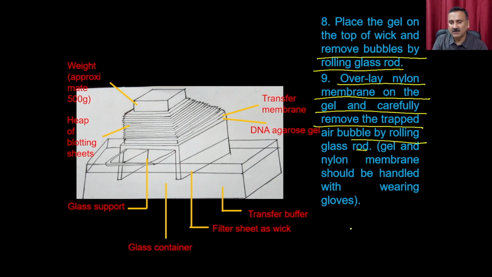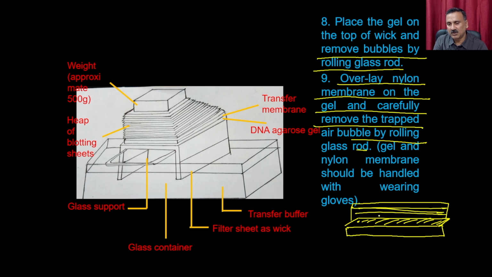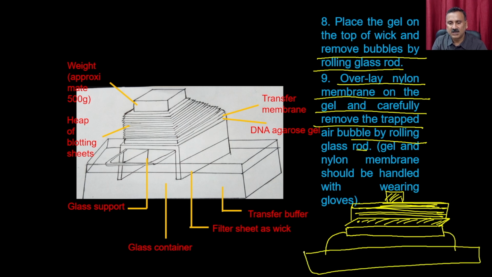So, you have your agarose block, and on top of this you put the nitrocellulose membrane, and on top of this the blotting sheets. You put a lot of blotting sheets, and on top of this you keep a weight, so that everything remains in touch with each other. And below this you have the wicks, which are submerged in the transfer buffer.